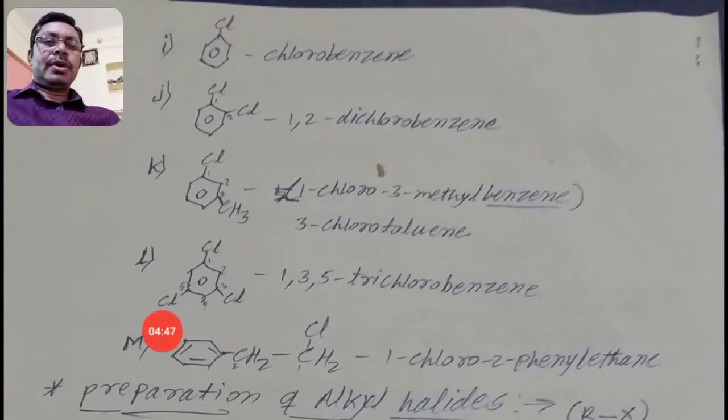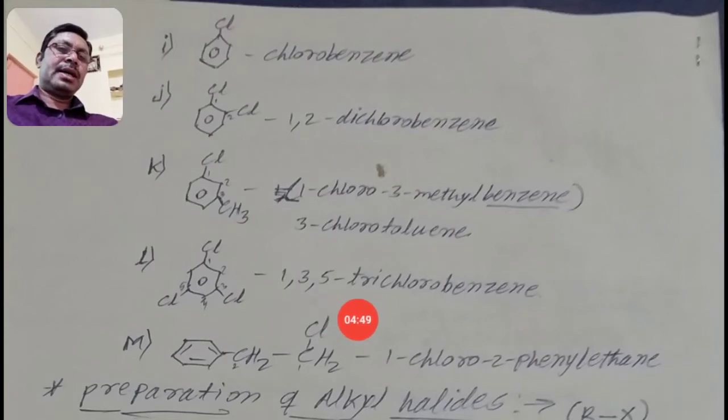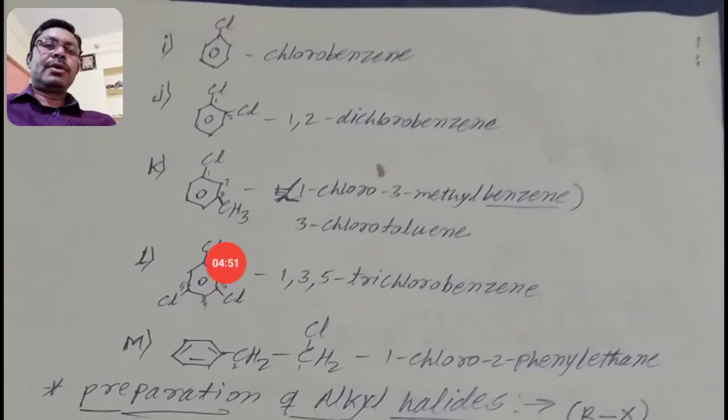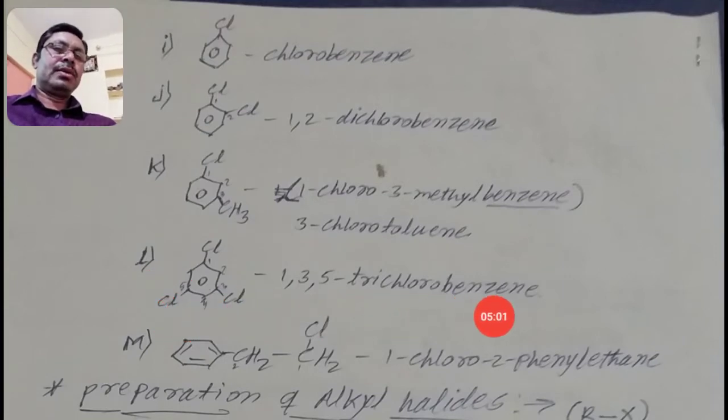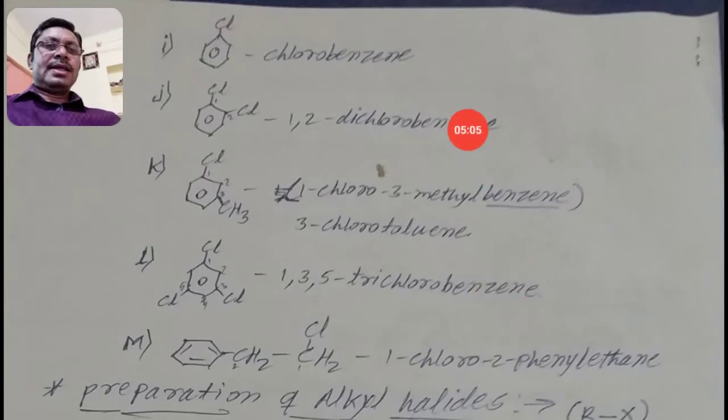There are 3 chlorine atoms and these are the same, so you must write trichloro, because chlorine is written as chloro, and the benzene ring, that is benzene. These are the haloarenes, the nomenclature of haloarenes.